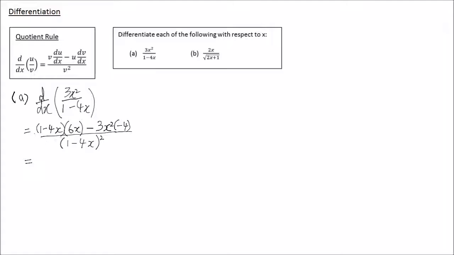Next, we have to simplify the expression on the top. 6x multiplied by 1 will give us 6x. 6x multiplied by minus 4x will give us minus 24x squared. Minus 3x squared multiplied by minus 4 will give us plus 12x squared.